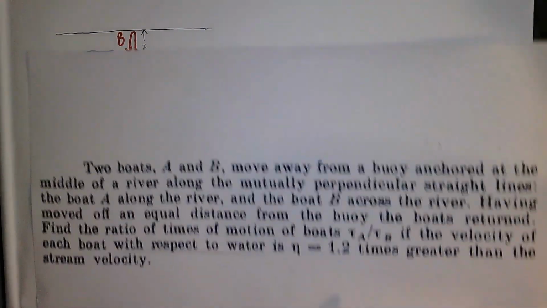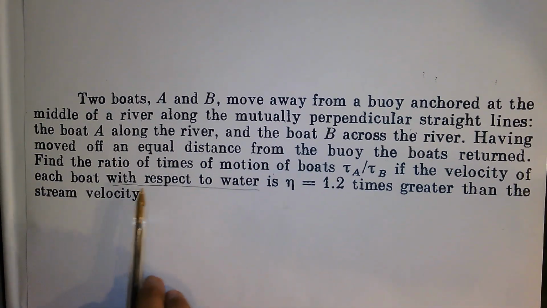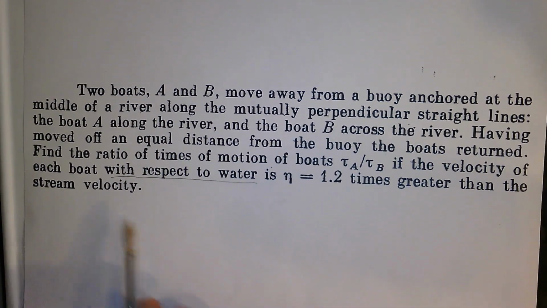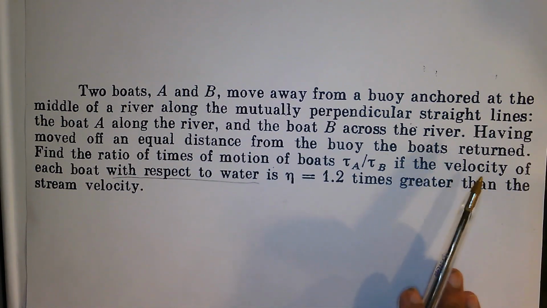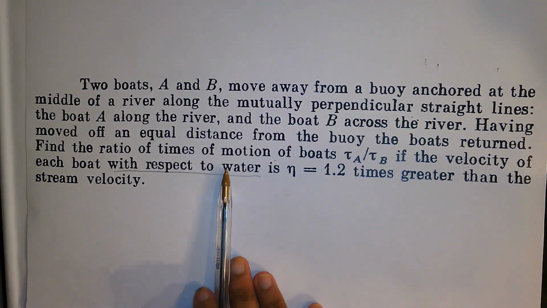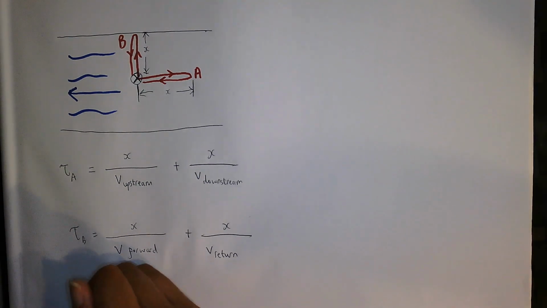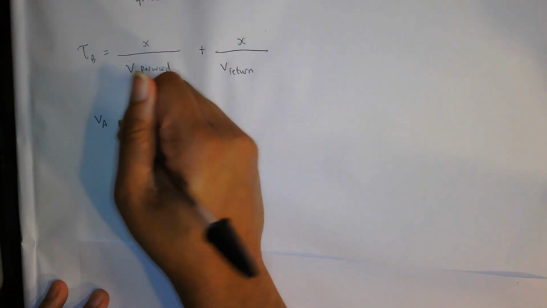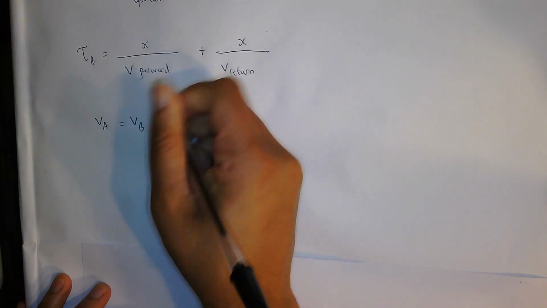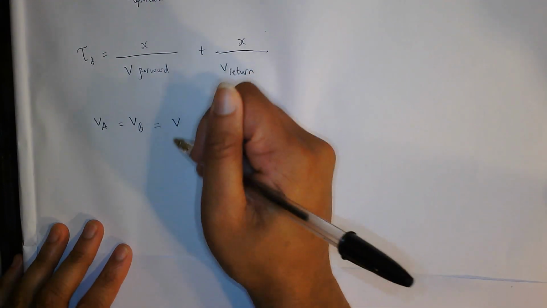And another thing to bear in mind is the question tells us that the velocity of each boat with respect to water is eta times greater than the stream velocity, so that tells us the velocity magnitudes of the two boats with respect to water are equal. So if I call the velocity of boat A VA, and the velocity of boat B VB, we know that they are equal, so I'm just going to call that V, just to make things more simple.